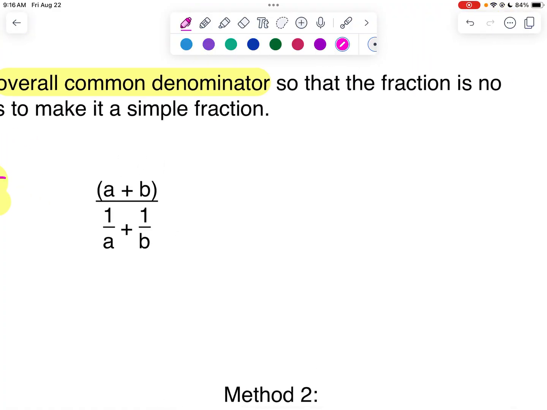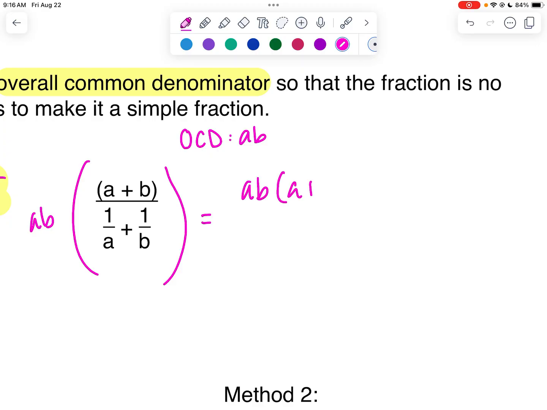The overall common denominator, I'm going to say, is AB. So I'm going to multiply everything by AB. All right, this becomes AB times the quantity of A plus B all over. If I multiply AB times 1 over A, my A's cancel out.